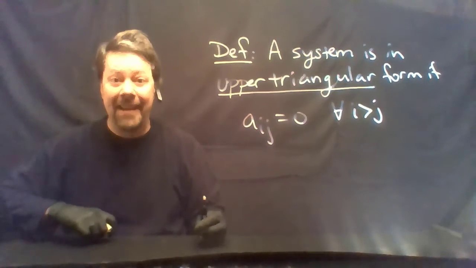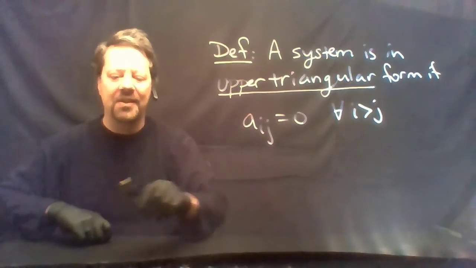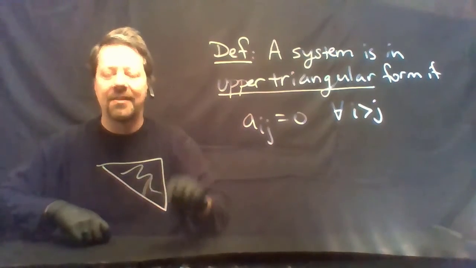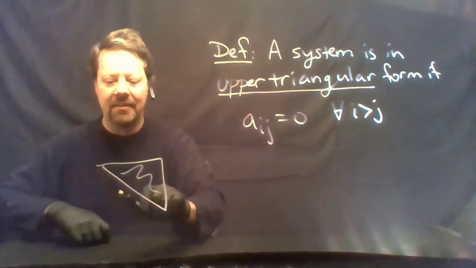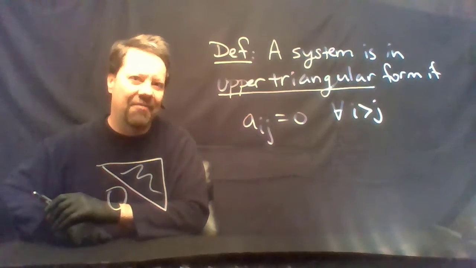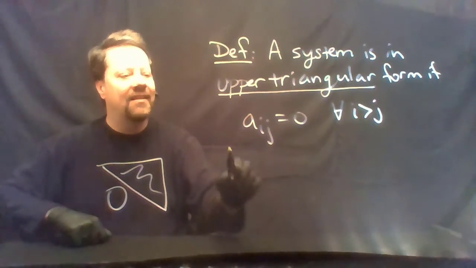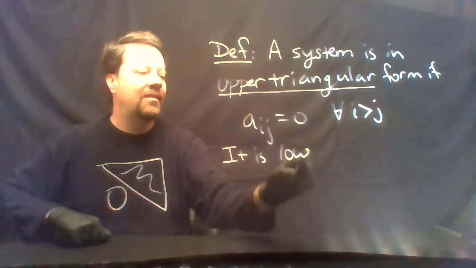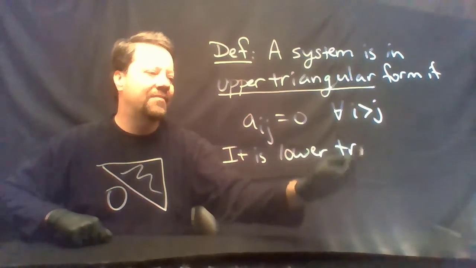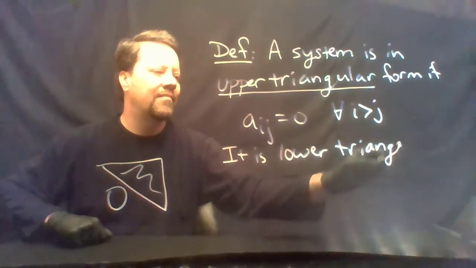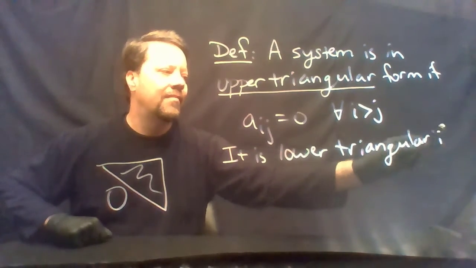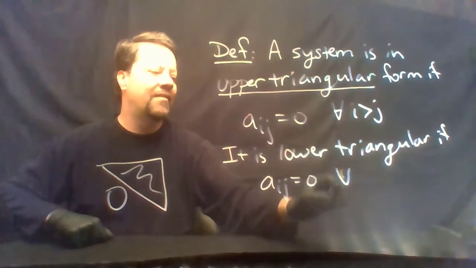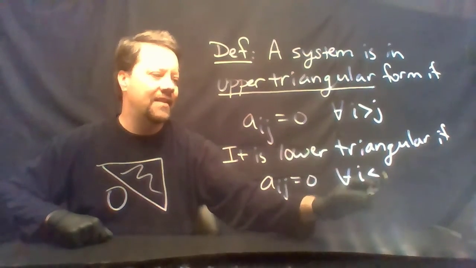Just thinking vaguely in terms of the form of the system of equations, the system will have stuff in the upper triangle, but zeros everywhere else. It is lower triangular if aij is 0 for all i less than j.